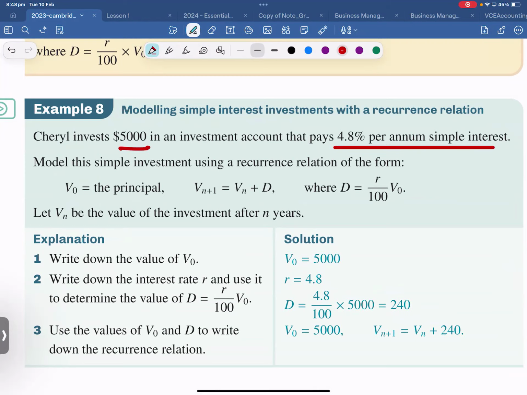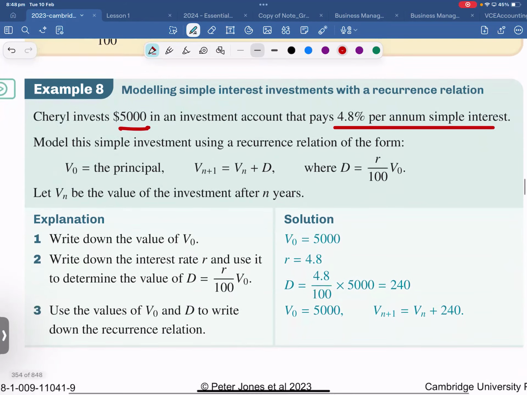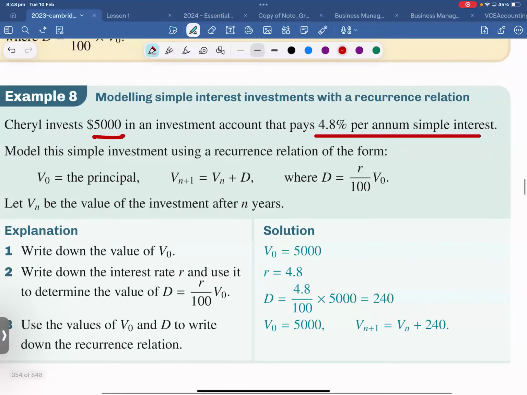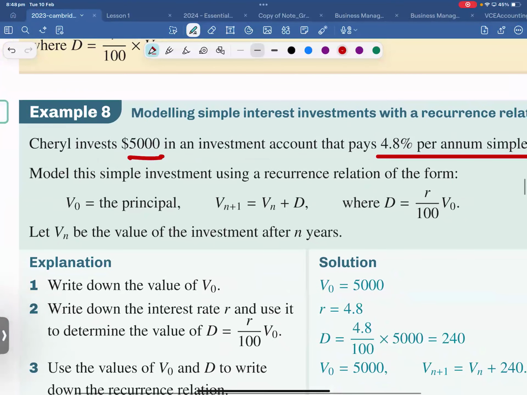So model this simple investment using a recurrence relation. So then, guys, what we have to do is calculate that amount.